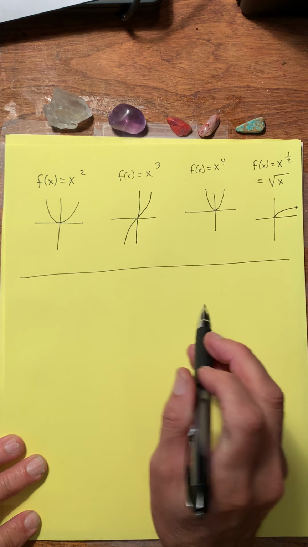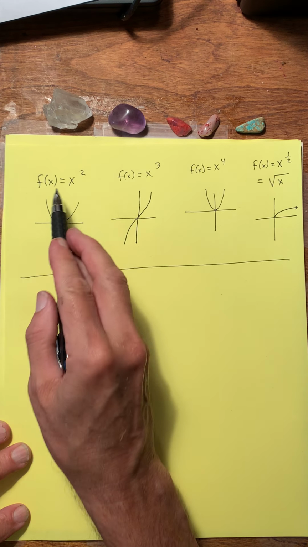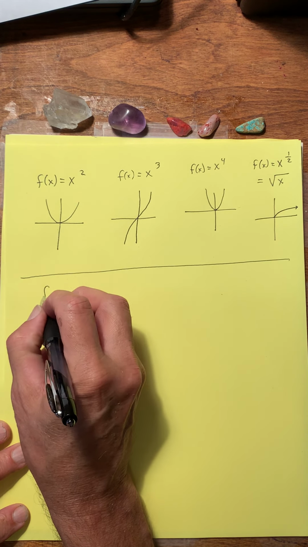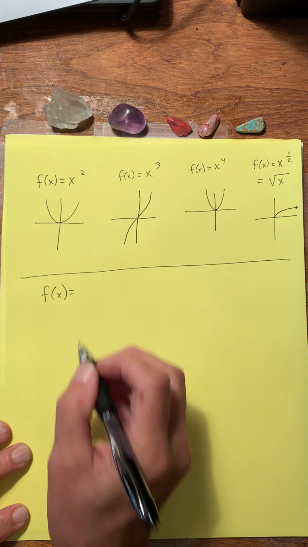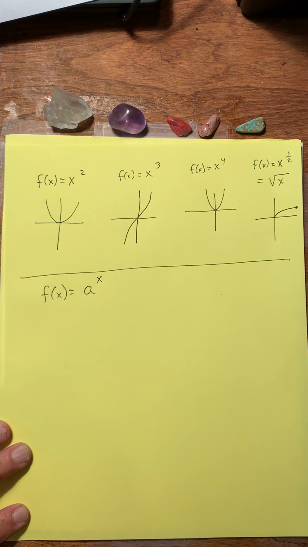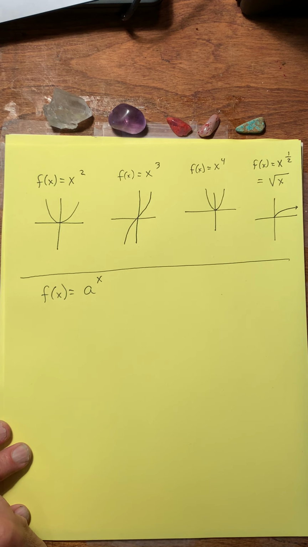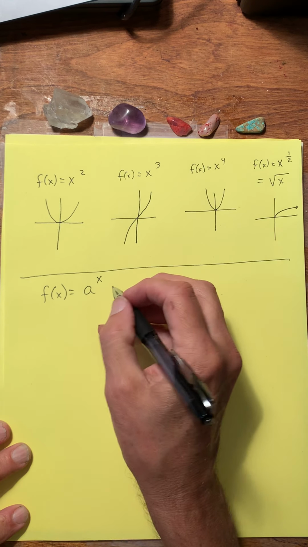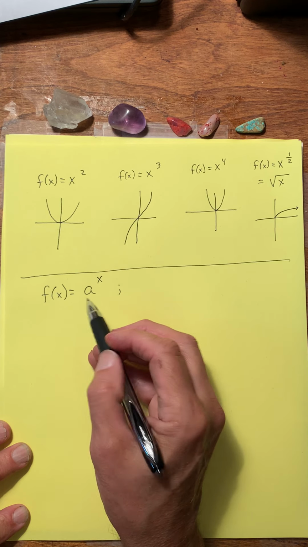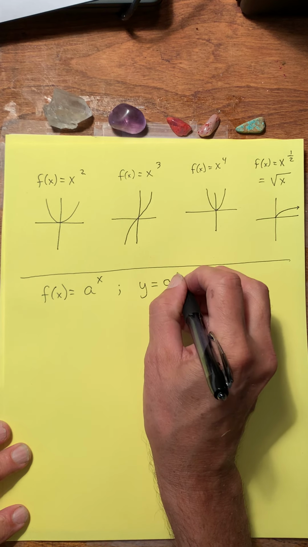Well, in the case of exponential functions, x is not the base, but it's actually the exponent. Watch this. Here's an example of an exponential function. So when you pick an x, you're picking the exponent. Of course you know that it could be written as y equals a to the x.